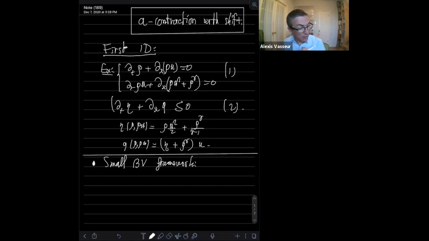Basically, you want to have a small BV initial value, and you construct a global solution which is still small BV. It was done by Glimm a long time ago, in 65, really a long time ago. So this is existence.